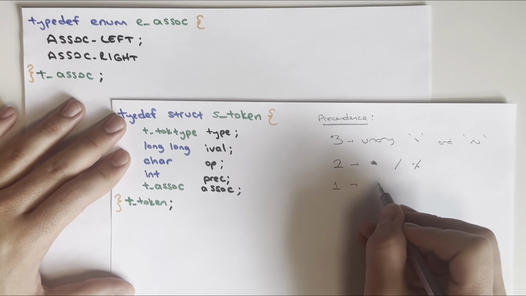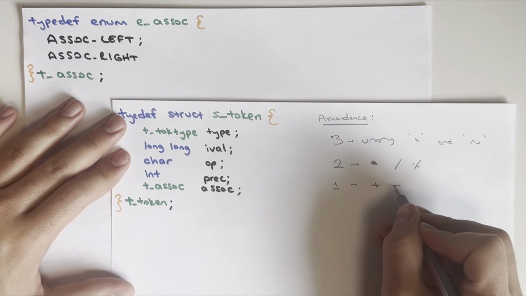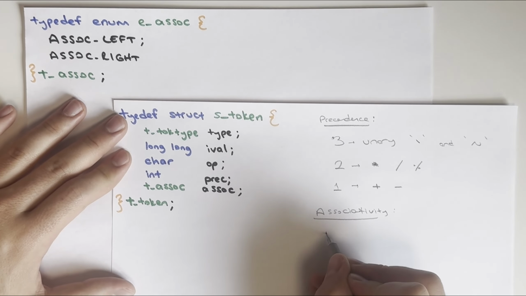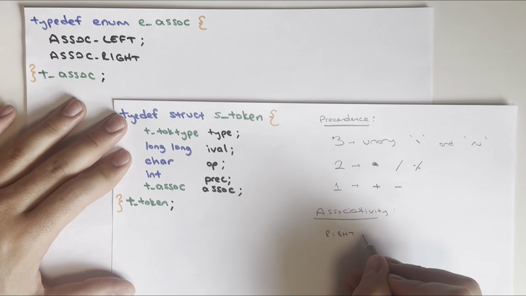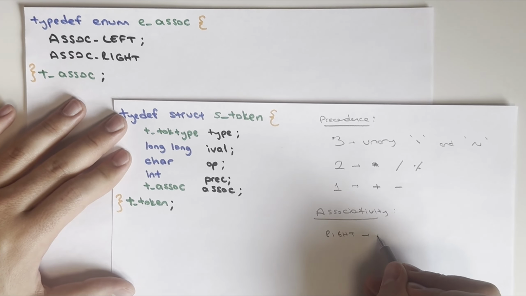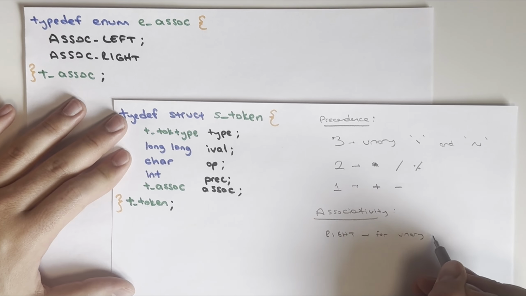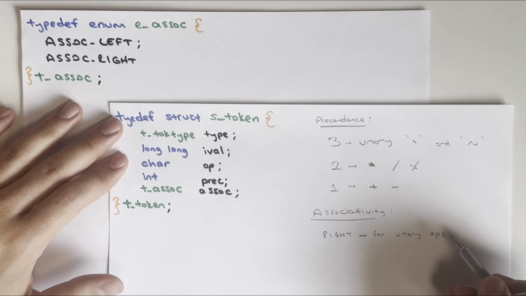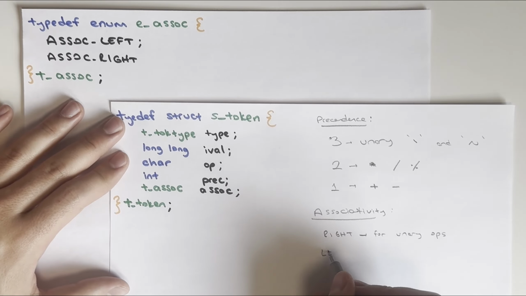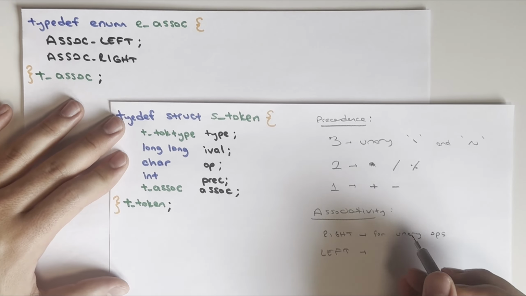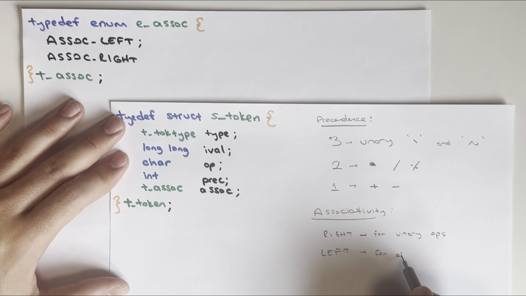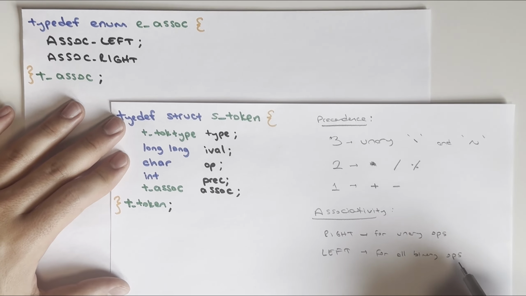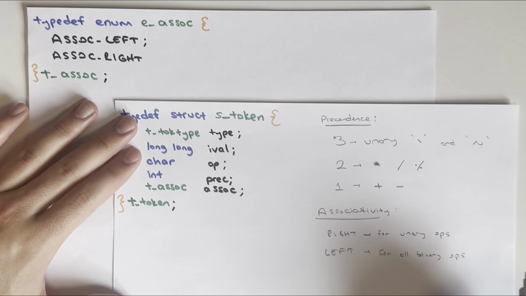And then we will have plus and minus. Associativity. Right will be for unary operations, so they don't prematurely pop equal precedence operators. And we will have left. This will be for all binary operations, usually arithmetic.